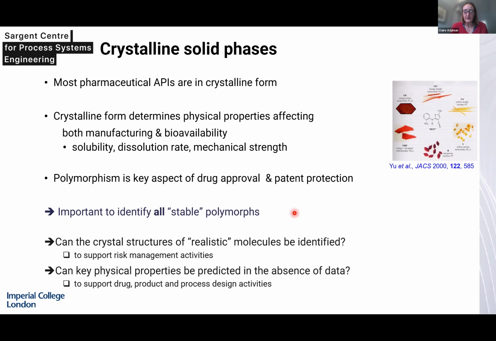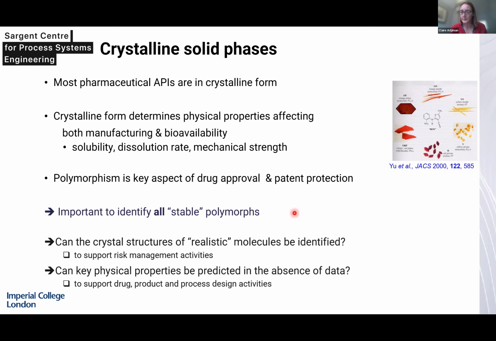It's quite challenging to do so experimentally because thermodynamically, although the most stable form at a given temperature and pressure will eventually appear, it can take a very long time to do so. So you might be making a certain form for a couple of years, and then all of a sudden a new form appears.